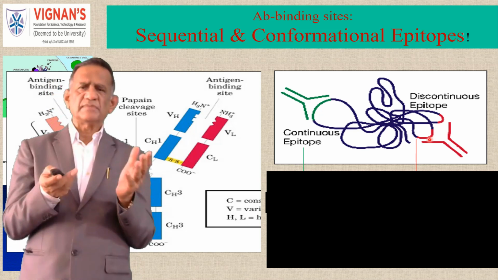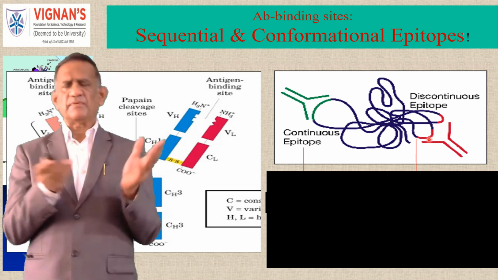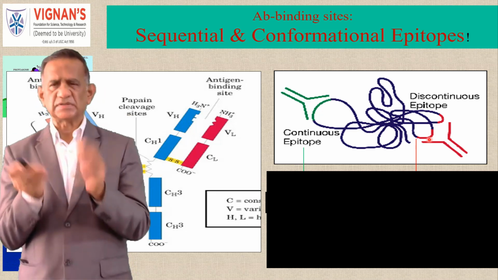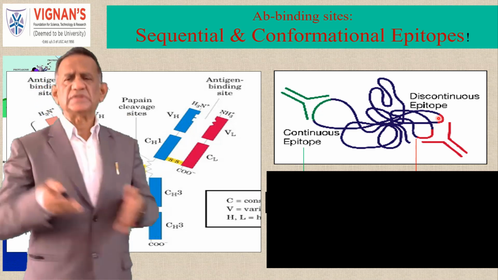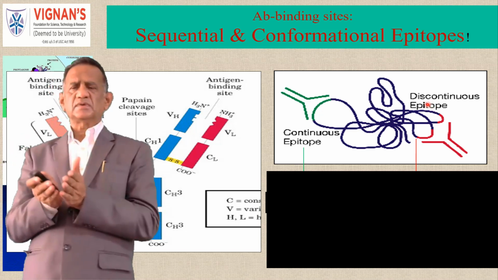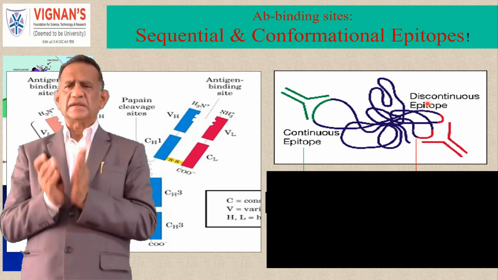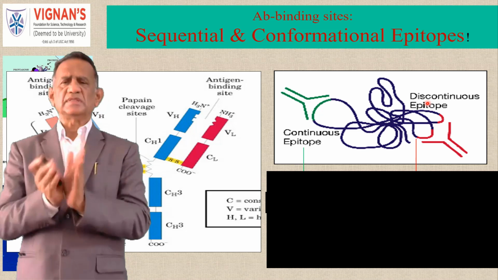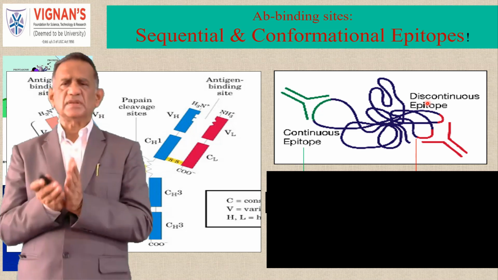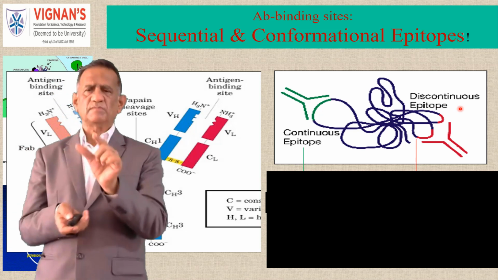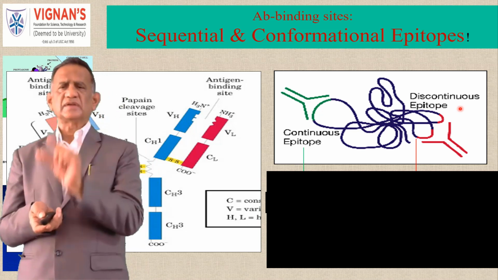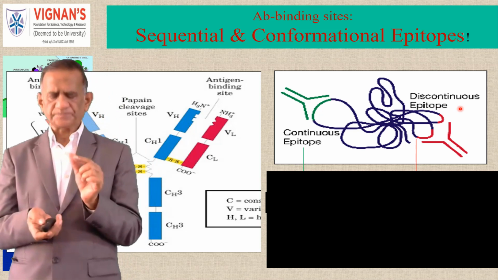The other fold has emanated out of the folding pattern at a far off distance and has come here because of the folding. Folding made them come together here. So these two are sequentially apart, but they are together for the antibody to recognize these epitopes in the Fab region. This is what is called conformational epitopes or discontinuous epitopes. Okay, so that is the meaning. You have to remember this continuous and discontinuous epitope.